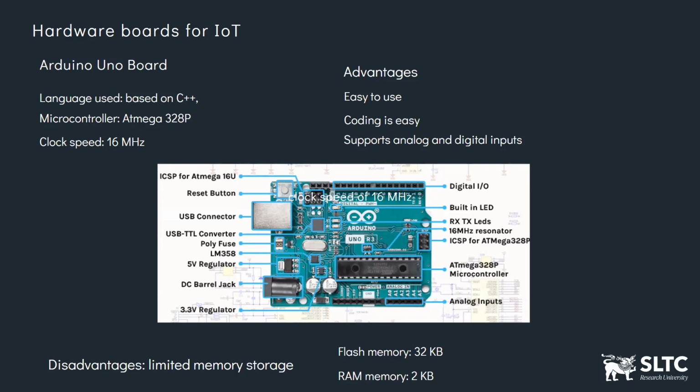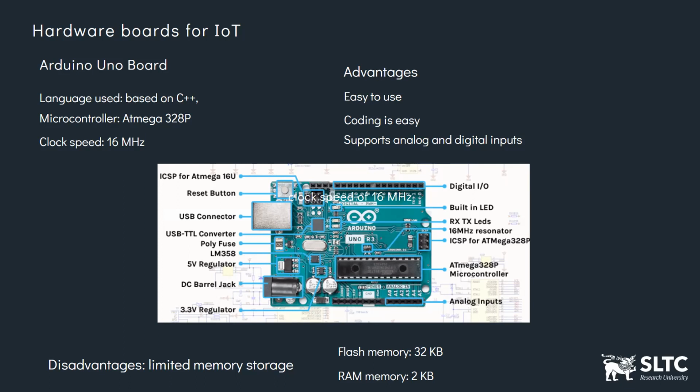However, there is a little bit of a disadvantage when we take into consideration the memory space, for example. The flash memory is about 32 kilobytes, and RAM is about 2 kilobytes. Because of that, the amount of memory is not enough for large scale activities, right?